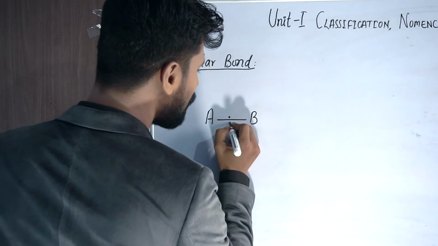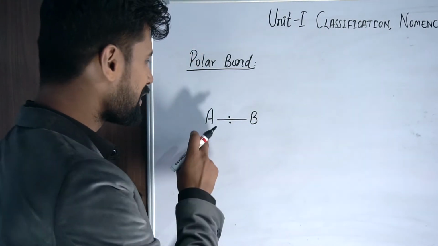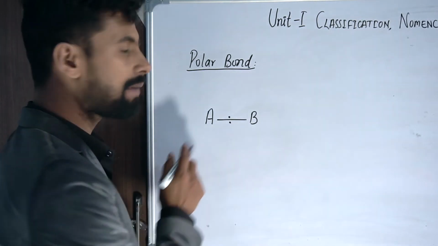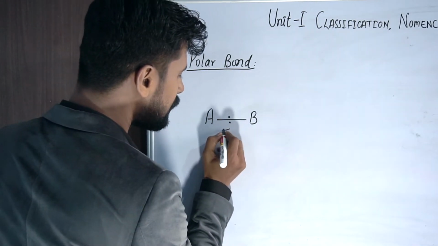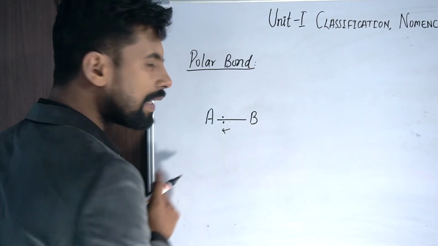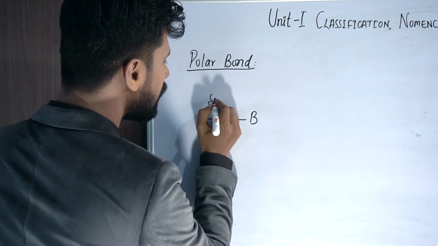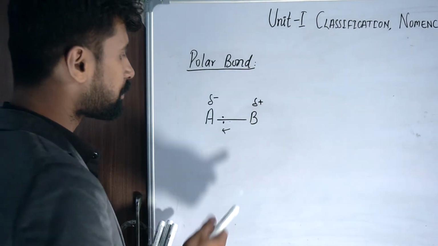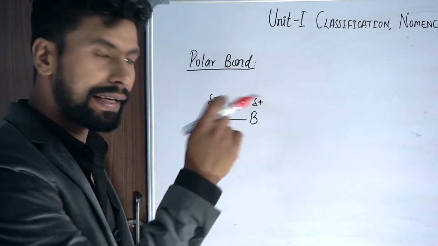So there is a bonding electron. What will happen? Since A is more electronegative, it will pull the bonding electron towards itself. As a result, these bonding electrons are slightly moved toward A. It will develop delta negative, and this will develop delta positive. Right? So here two poles have been created.